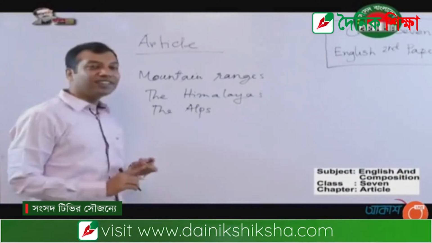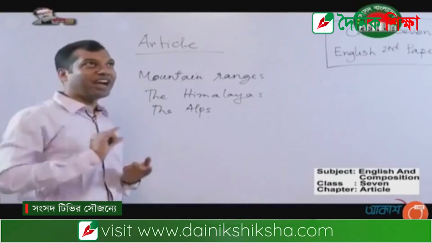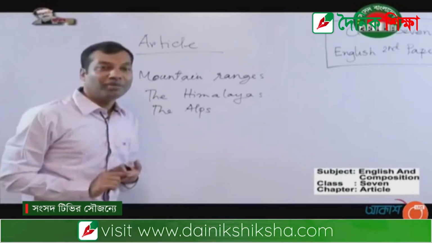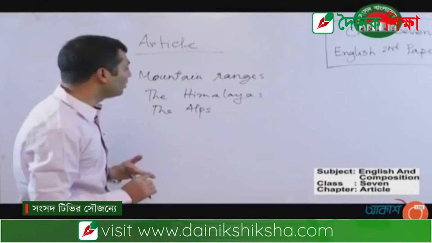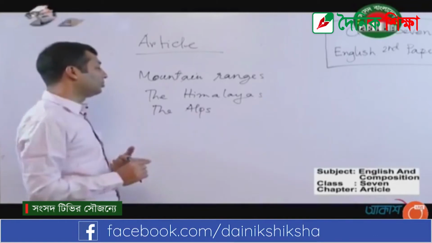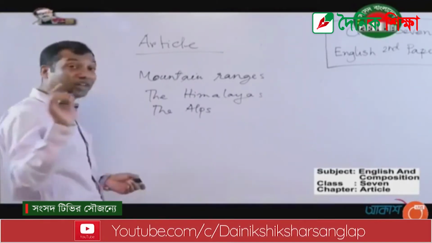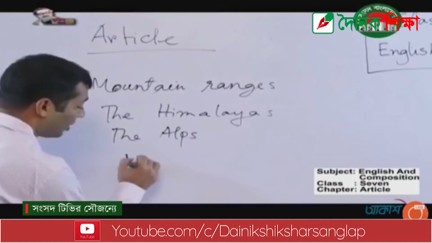But when there is a single mountain or a single peak, the highest point of a mountain is called the peak. So when you are using the name of any peak or a single mountain, you do not need to use the article the. So no article will be used there. For example, Mount Everest.